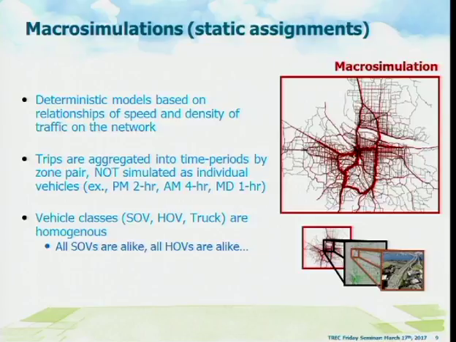You're not actually modeling individual vehicles, you're modeling aggregations of trips, and those aggregations usually cover pretty large time frames, so at least an hour. Typically, we look at 2 hours. And the vehicle classes, because we're not modeling individual vehicles, are all homogeneous. So all the SOVs look the same. You really don't know anything about the particular vehicle in an SOV class. Same with HOV and truck.